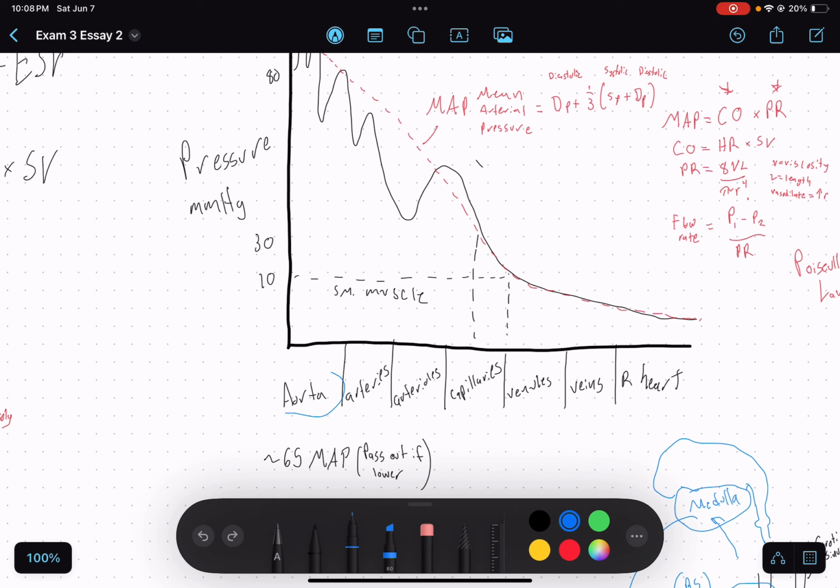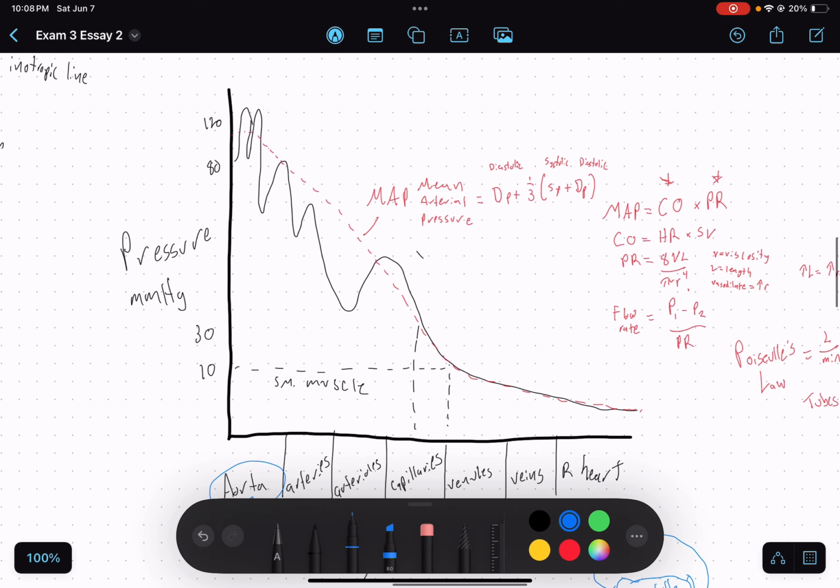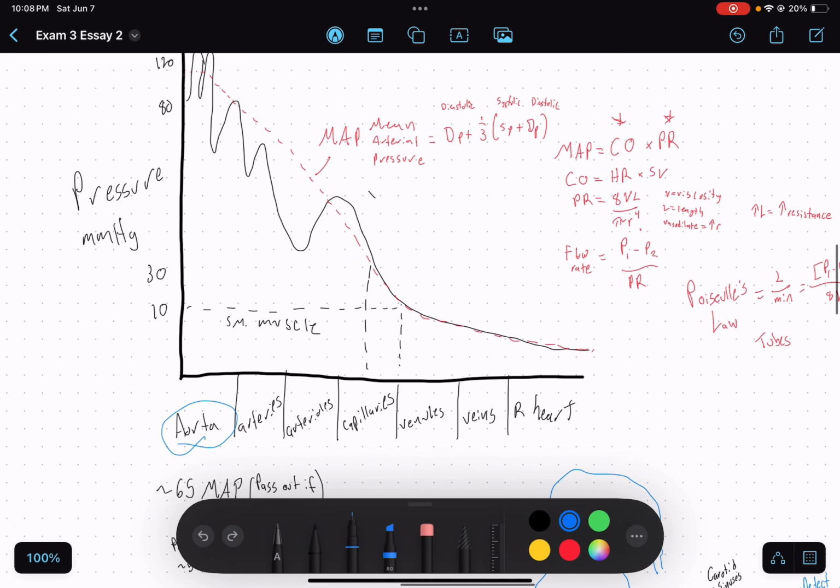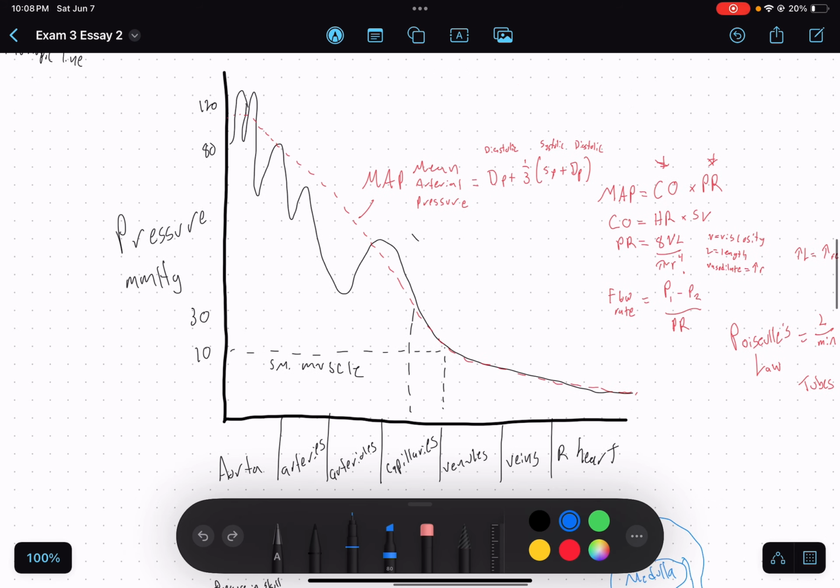So it starts out with the aorta, which is where the pressure is going to be highest. And then it's going to be lowest in the right heart, where it returns. And as this does this, the pressure decreases on what you can slope a line on a normal slope about that.